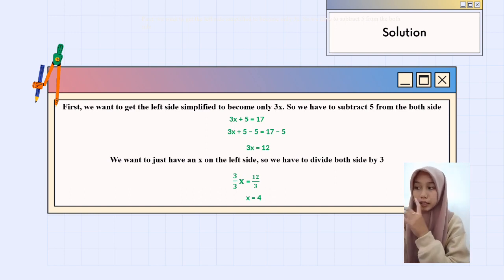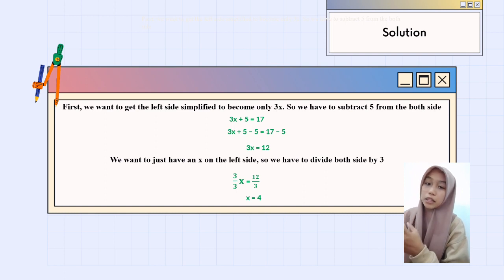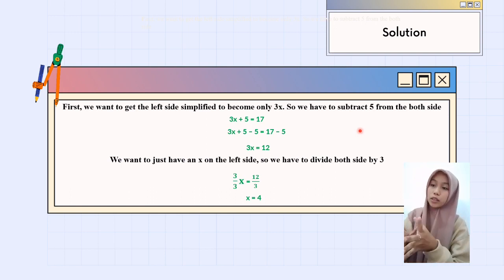These are the solutions. First, we want to get the left side simplified to become only 3x, so we have to subtract 5 from both sides. So 3x plus 5 equals 17, and we subtract 5 from both sides.